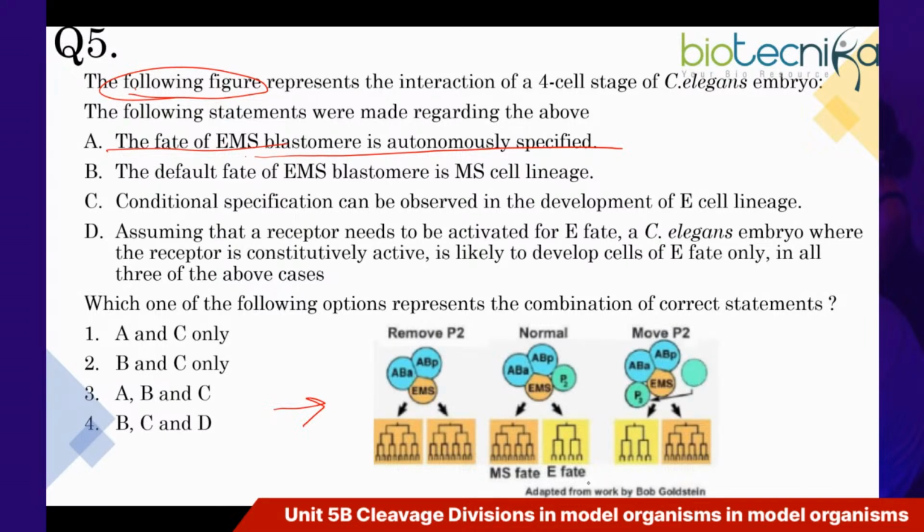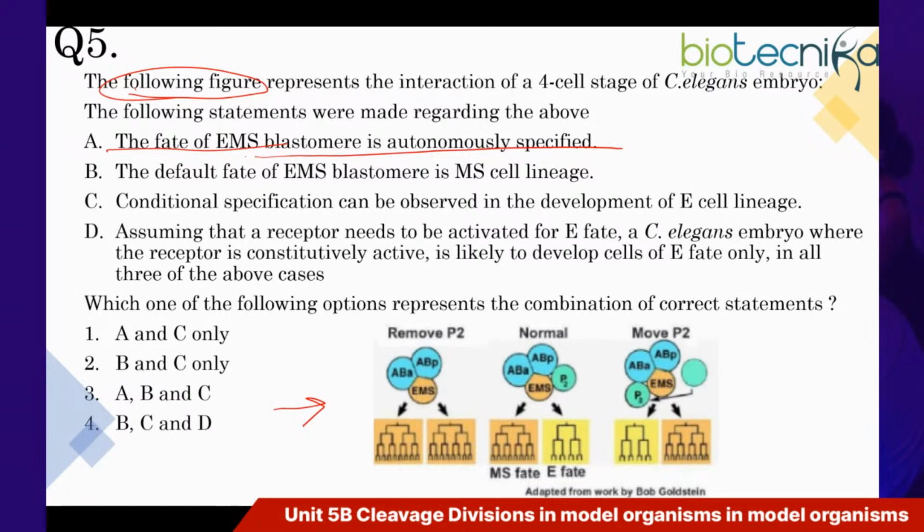So we have to look at the diagram. Sometimes, listen to this carefully, they will pick up a diagram which is correct, from a book or some research paper, and based on that they will ask the question. That means it is what actually happens.